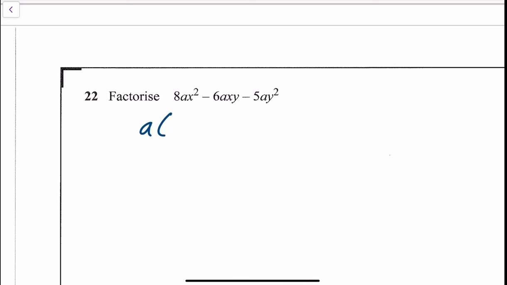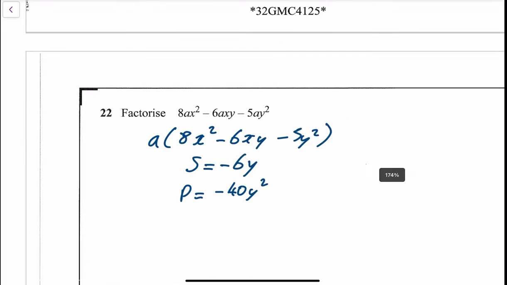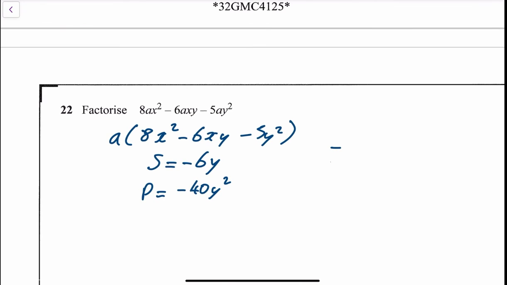But first thing you can do is pull out an a, leaving you 8x squared minus 6xy minus 5y squared. Now inside this bracket, my sum is whatever's multiplying the x, so it's minus 6y. My product is going to be 8 times minus 5y squared, which is minus 40y squared. So you go through the factor pairs of minus 40y squared and you see how you can get it.